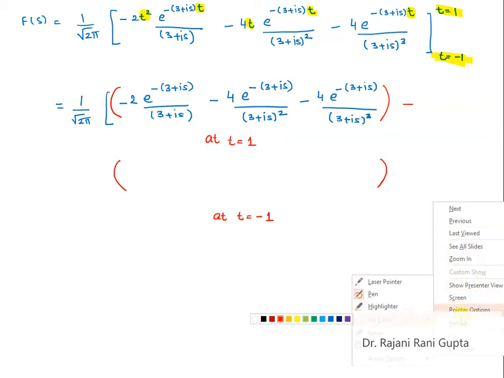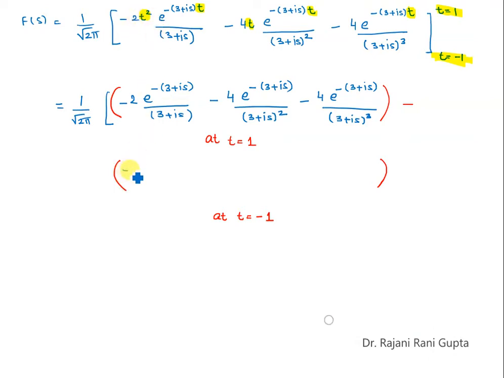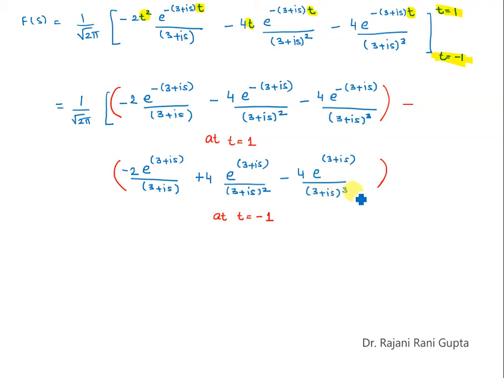So what we will get here, 2 times minus 1 square, which will be plus 1, so minus 2 e to the power, now here t is minus 1, minus minus 1 will become plus, (3 plus iota s) over (3 plus iota s), minus, now 4, and we are multiplying t by minus 1, so it will become plus 4 e to the power, again this minus minus becomes plus (3 plus iota s) over (3 plus iota s) square, and this is minus 4 e to the power (3 plus iota s) over (3 plus iota s) to the power 3.